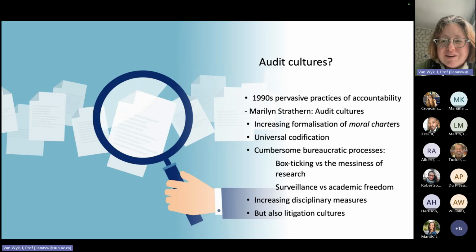And I think all of you have been through these bureaucratic processes of applying for ethics clearance. And critics very often, and I was very much one of those, were very critical of this process, saying that, you know, it turned ethics into a box-ticking exercise. And this box-ticking exercise didn't take account of the messiness of research in the field.